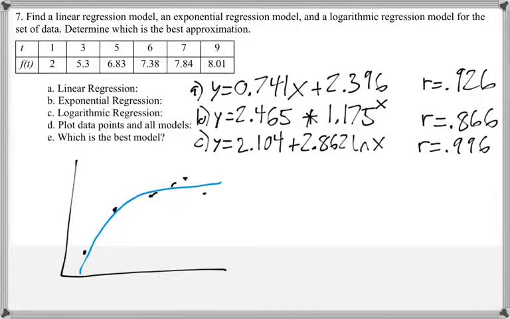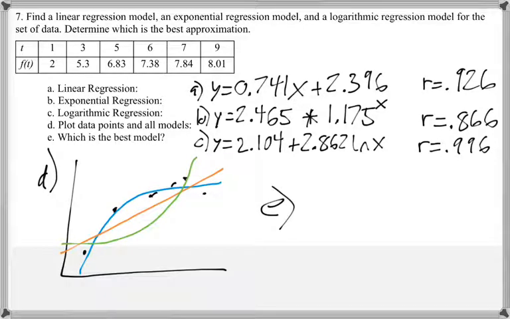And the other regression models look like that and like that. So the best model is the logarithmic.